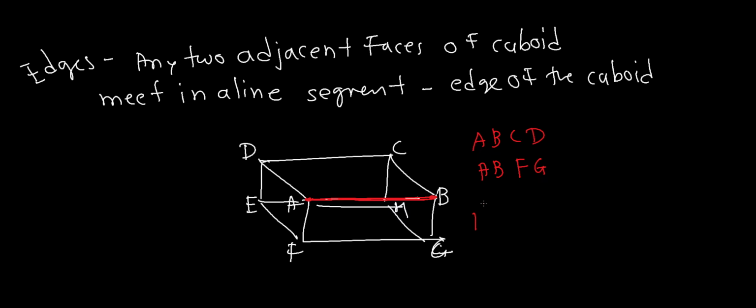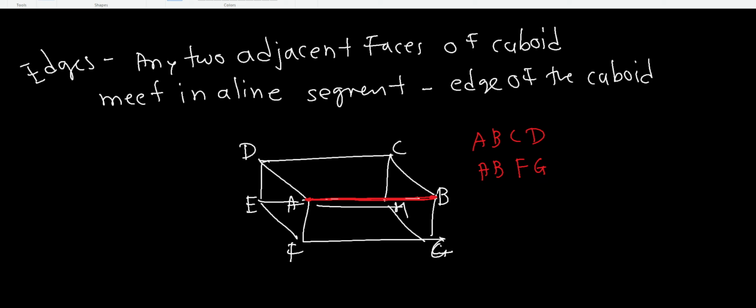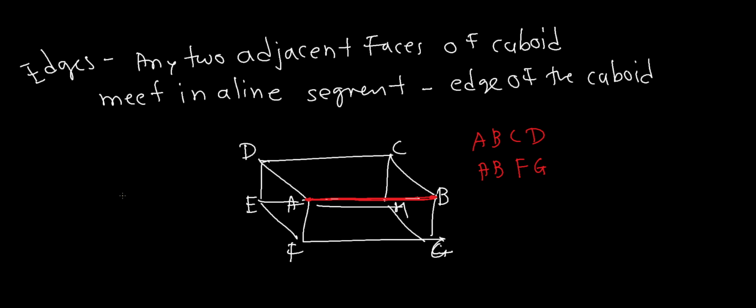So here, line segment AB is an edge. Like that, line segment AD is an edge, this one. And here it is formed by A, B, C, D face 1 and A, D, E, F other face.